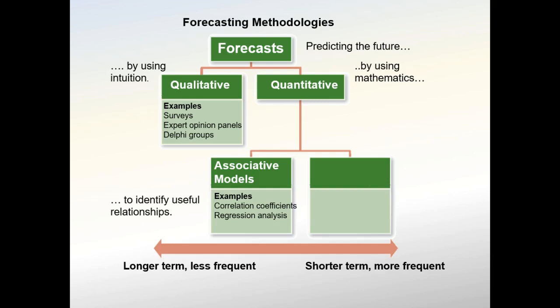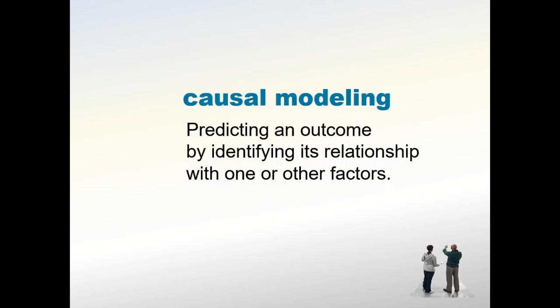The dependent variable is the outcome that depends on or is influenced by outside factors, and those external influential factors are in turn referred to as the independent variables. So causal modeling is predicting an outcome by identifying its relationships with one or more other factors.